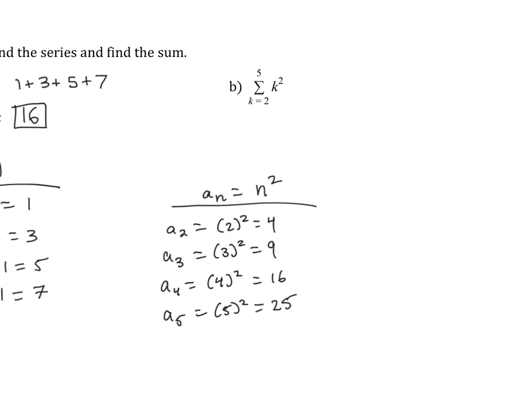So if I expand out what I see in the summation notation, they're just asking us to find 4 plus 9 plus 16 plus 25. Again, we don't always need to start with the first term. You can start with any term you like. That's what that bottom number tells us. Now all that's left to do is add up our series, and we get 54.